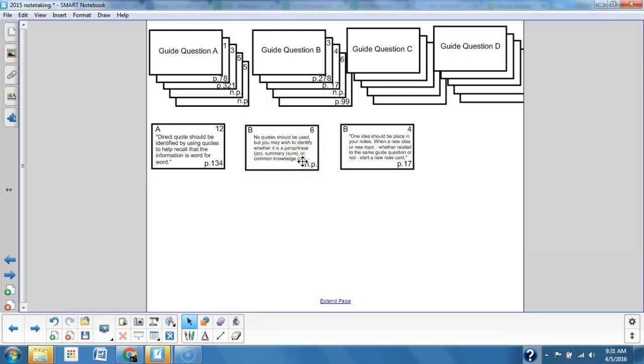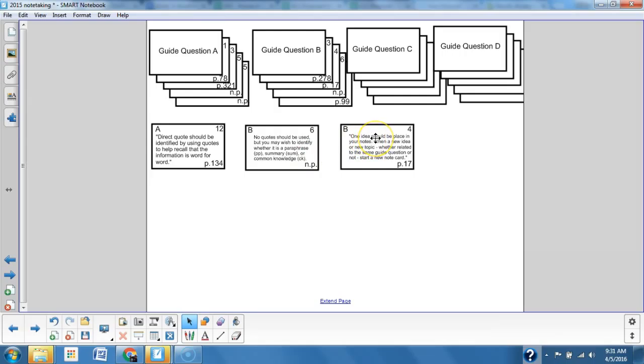Typically the rule is if you find it in two or more sources, it's common knowledge and you don't need to cite it. But if it's a study or statistic, it's something that you'll want to cite. But if it's something that you don't know and you want to write it down in a note to make sure that you incorporate that into your paper, you could write down CK, for common knowledge.